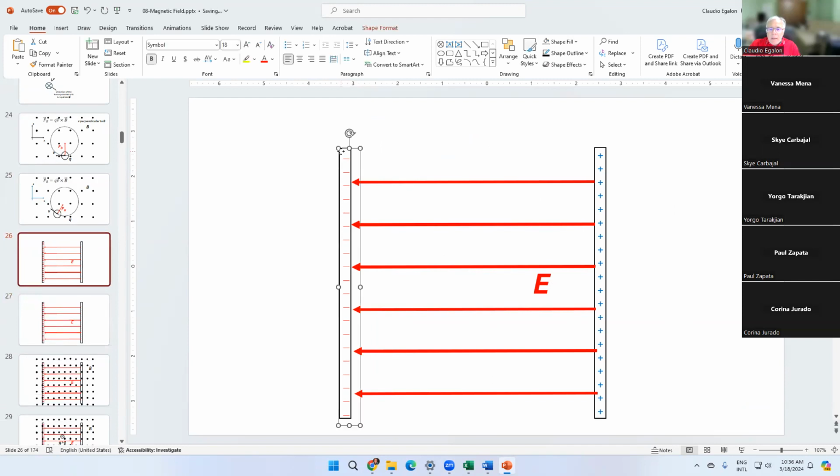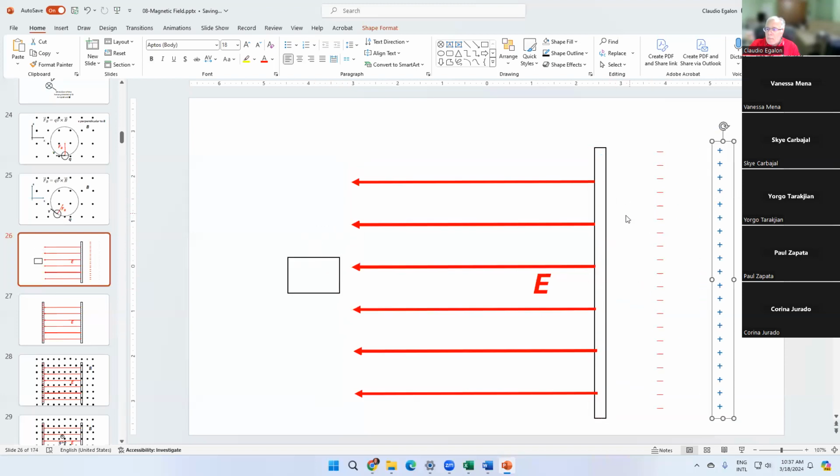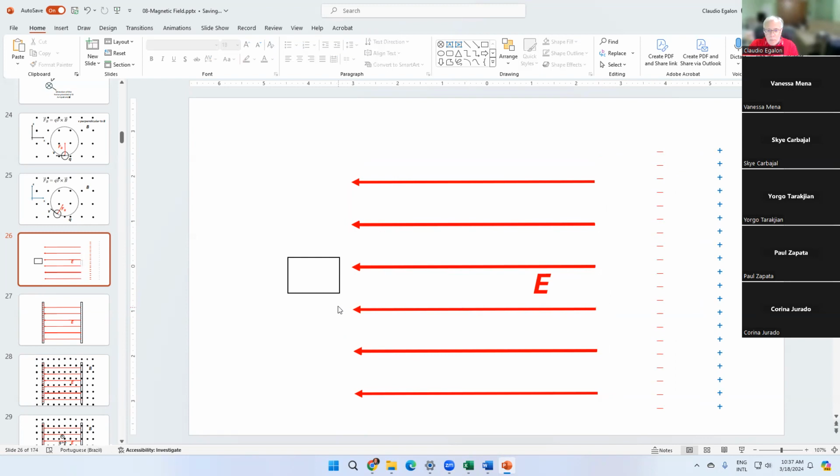Here you go. The Crookes tube is not exactly a plate, right? The Crookes tube is not a plate. It is more like a terminal. That tip that you saw. This one is negatively charged.